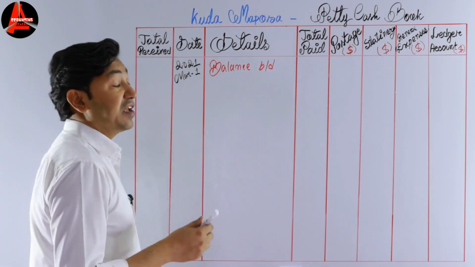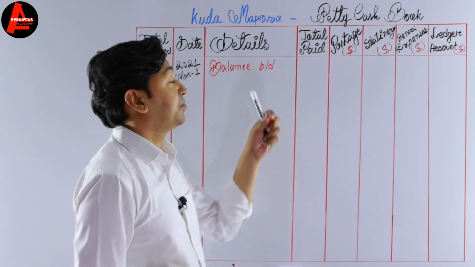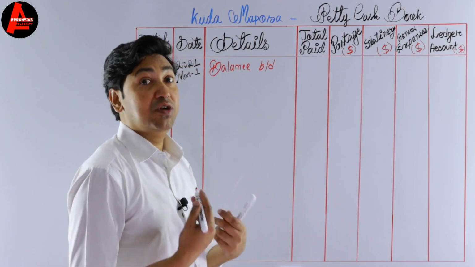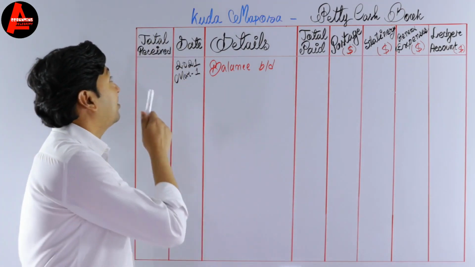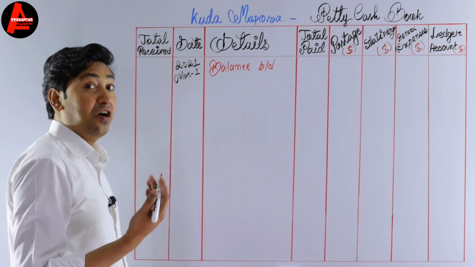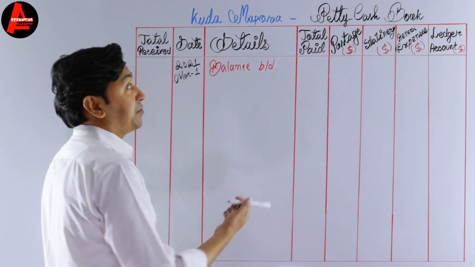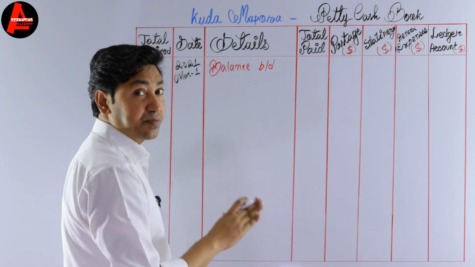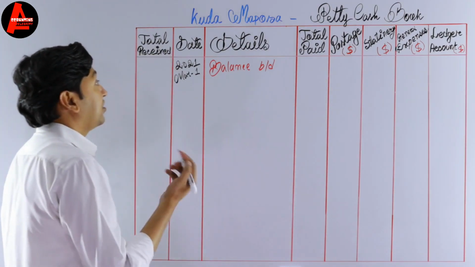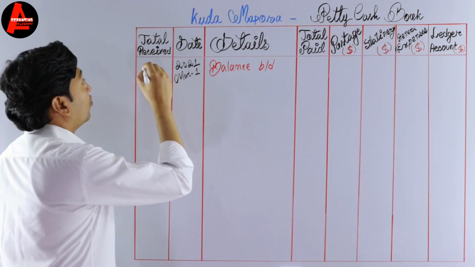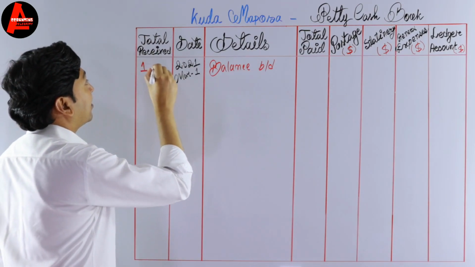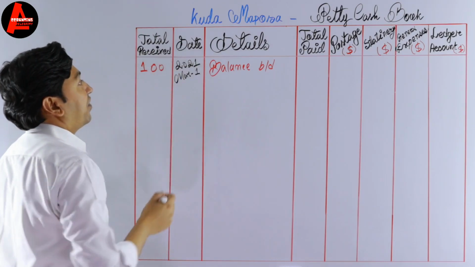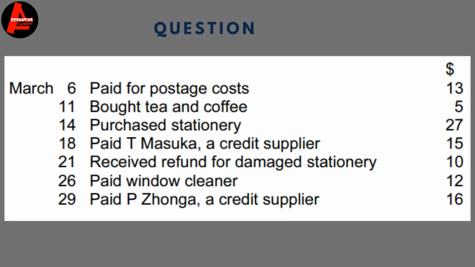We will not write balance BD in the total paid column; we will write balance BD on the receipt column. Many of you make the mistake of writing balance BD on the total paid column. Here we will write all the expenses only. In the question, balance BD is $100. Very good. Then we have some transactions.